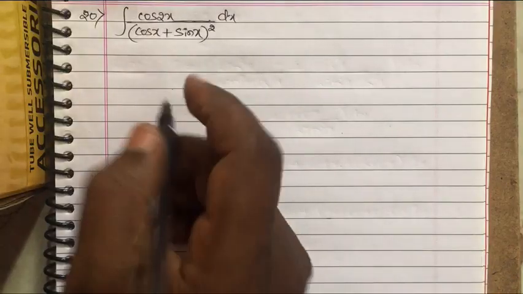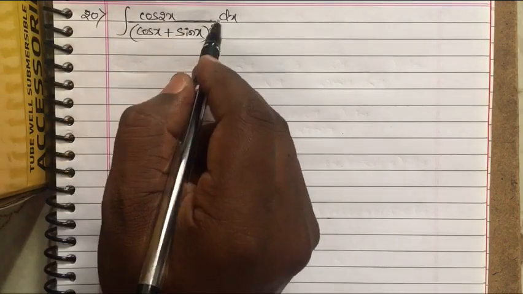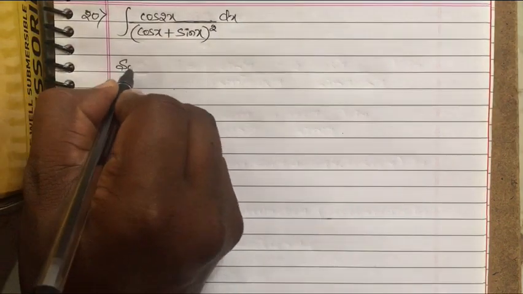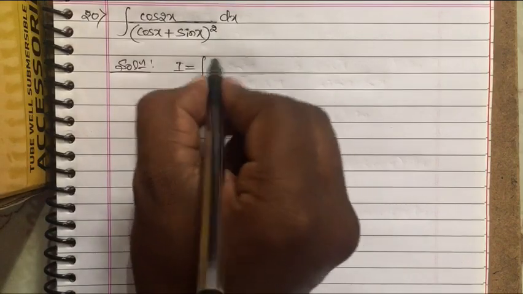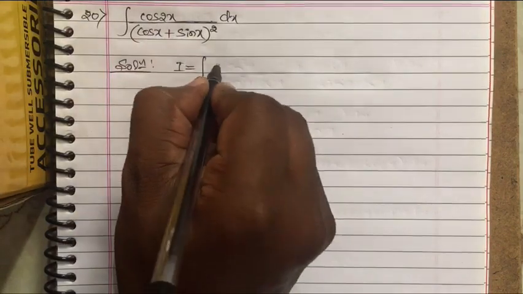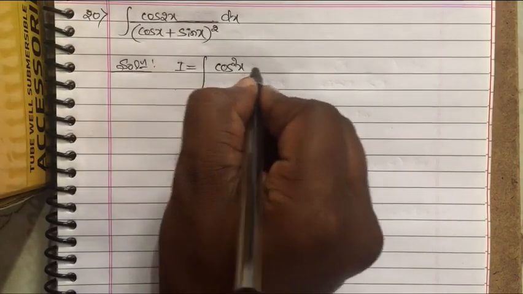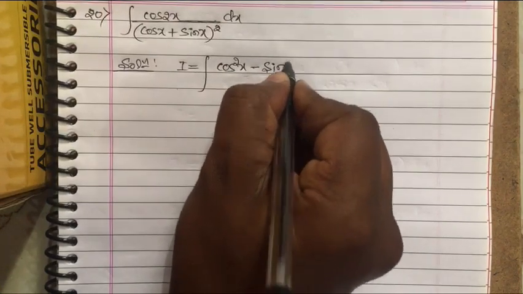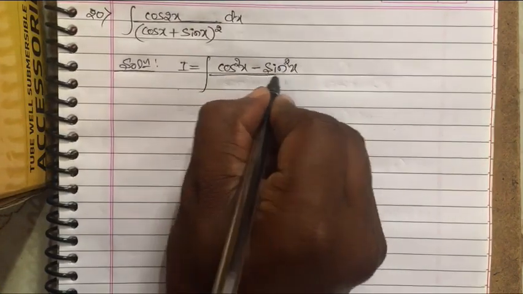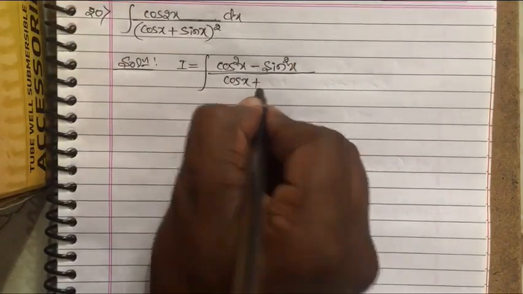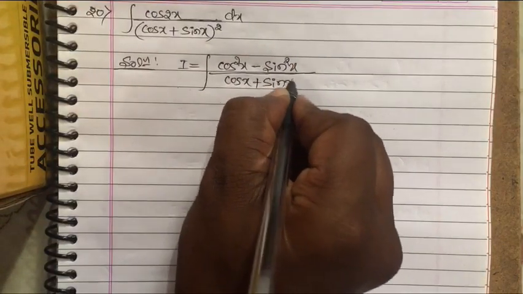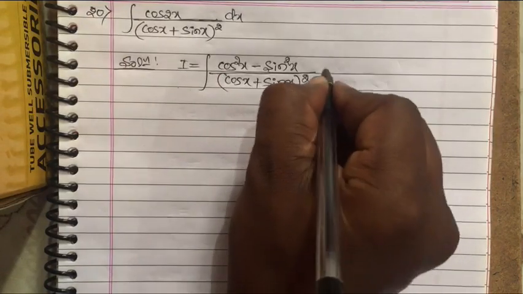Well, the 20th question: integral cos 2x divided by cos x plus sin x the whole square. I take this as I equals integral. Here cos 2x can be written as cos square x minus sin square x, the standard formula, divided by the denominator cos x plus sin x the whole square dx.